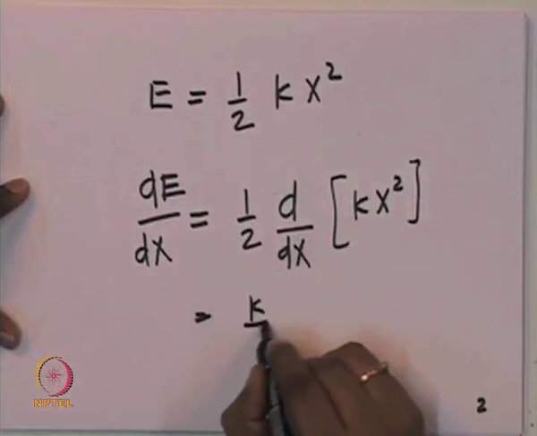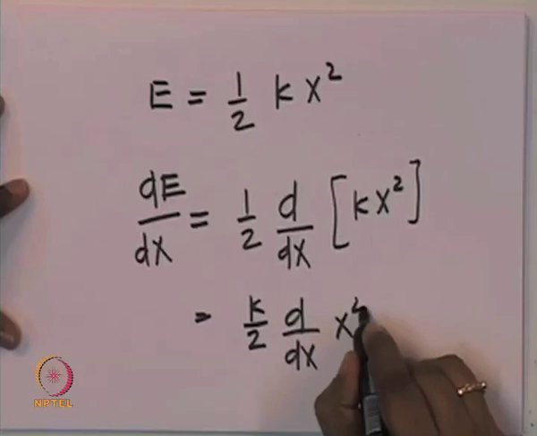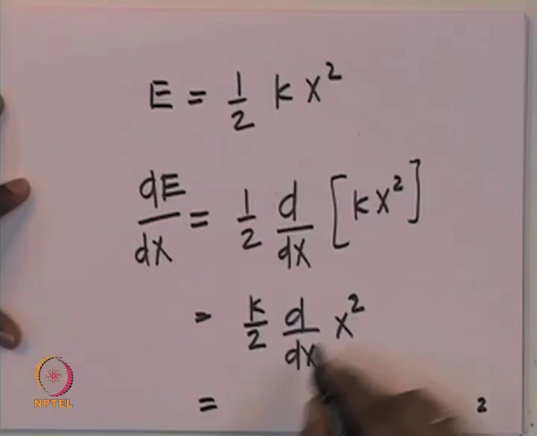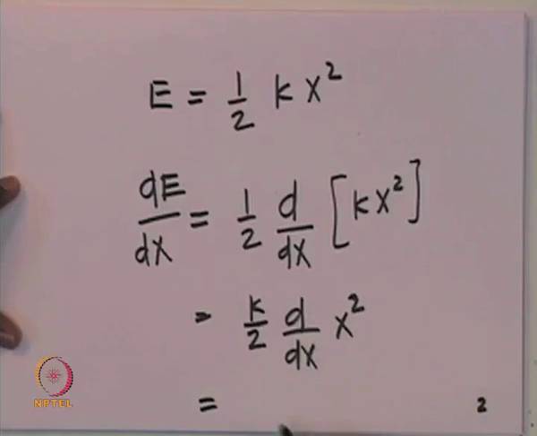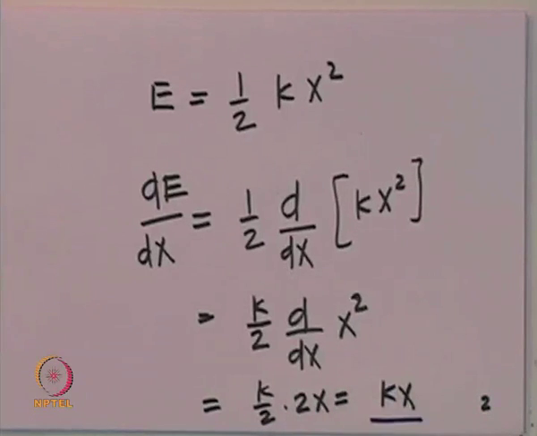So it is basically k by 2 into d by dx of x square. You know that x power n has derivative n x power n minus 1, so d by dx of x square is 2x. So it is k by 2 into 2x, which is kx. This is the derivative of half k x square.